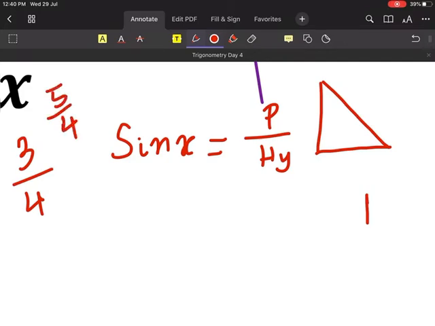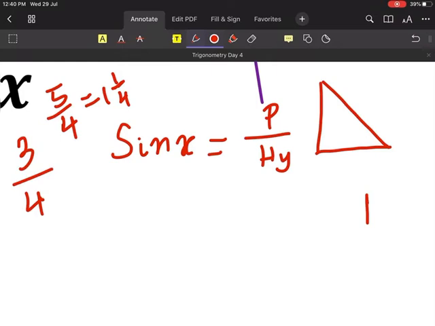If I write 5 by 4 as a mixed fraction, the numerator is more, so I can write this as 1 and 1 by 4. So it is more than 1. But I am saying that the numerator is never ever more than the denominator. So the maximum value is 1.